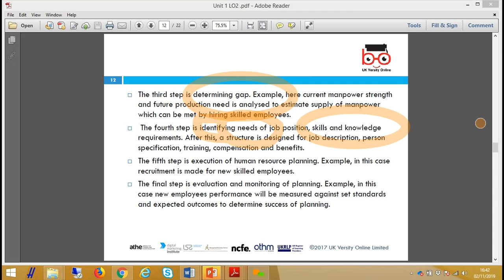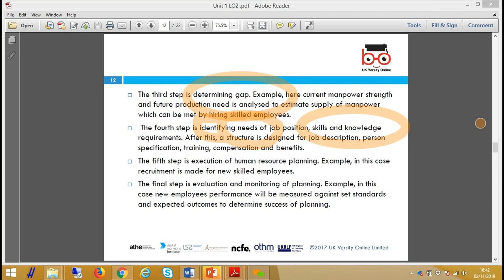So if you currently have 100 workers, but they don't have a good work ethic, they are not reliable, or they're not good team workers, or they don't have leadership qualities or abilities, then you can identify this. And then either you need to recruit people with this, or you need to train your existing staff to develop those things.